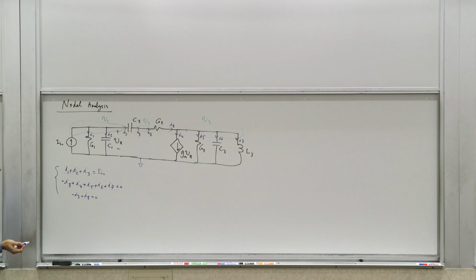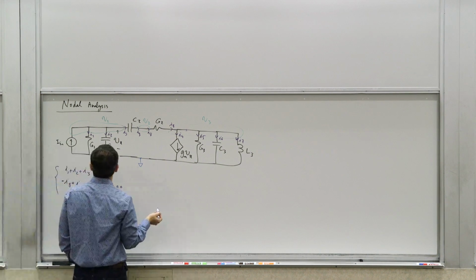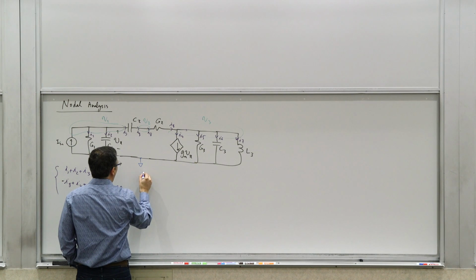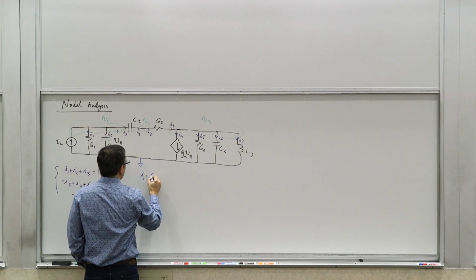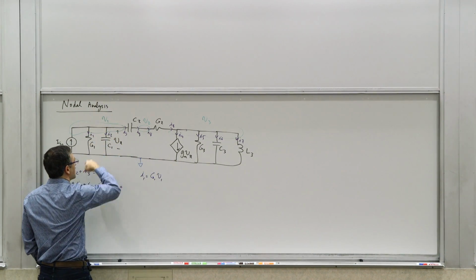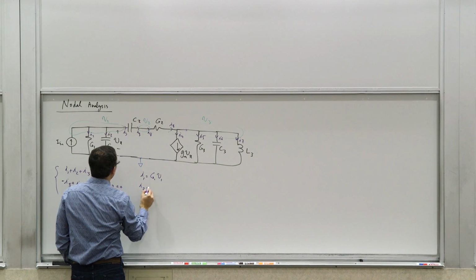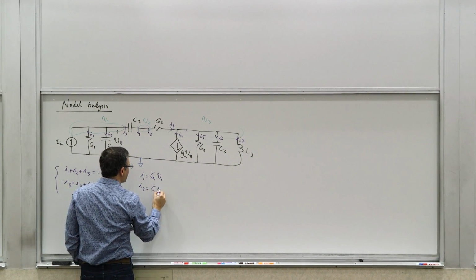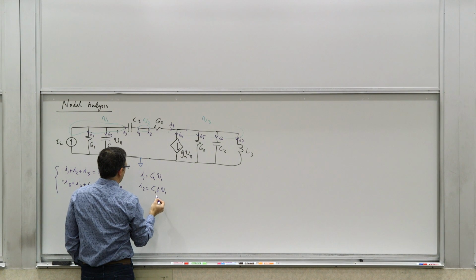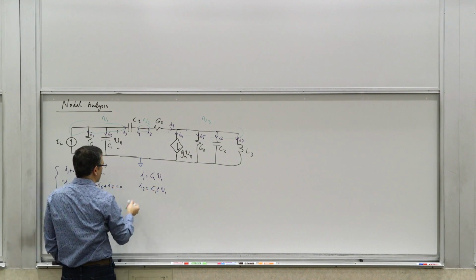And now we can express these in terms of the voltages. How do we express this in terms of voltages? So for example, we know I1 is what? G1 V1, Ohm's law here. Or for example, I2 is going to be C1S V1, and so on and so forth. And you can write all these things.